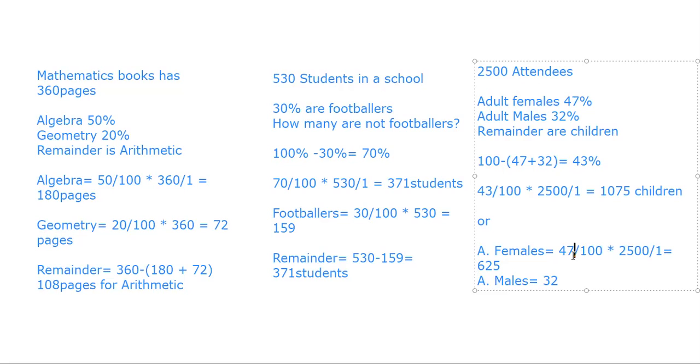I think I'm working out a different question here. A concert is attended by 25, 47 are adults, 32 are males. So what I did in my working, I have 25%, so I have to work this over. All right, so let's do this again. I have 25% in my working, so 43 over 100 by 2500, that's 1075.